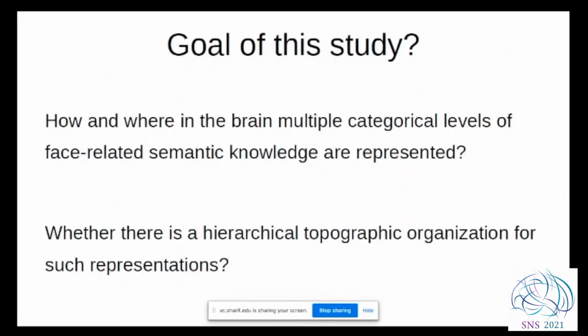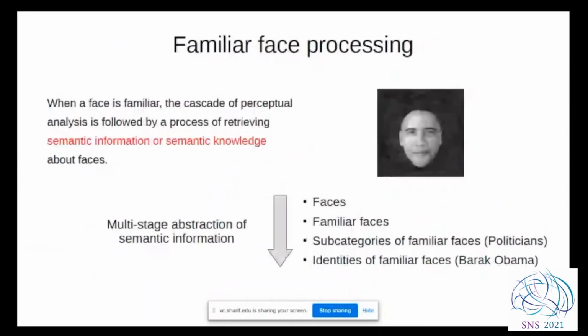So what is the goal of our study? Let me come back to this slide. When you are seeing a familiar face, you extract multiple pieces of information about that face, and this information is relatively hierarchical. It means that you basically recognize a face as a general category of faces compared to other categories.